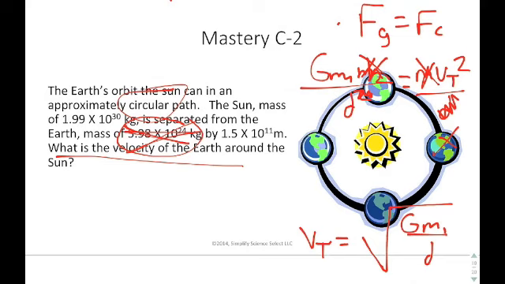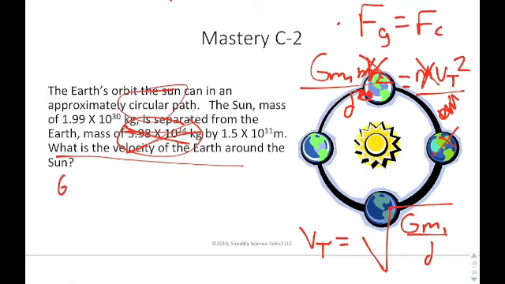This is how you can calculate what's called the escape velocity for different planets as well: how much velocity you have to have to leave the gravitational pull of Earth. Think of it like a space shuttle. So we're talking about rocket science here. But you can also use it to calculate the velocity, in this case, of the Earth moving around the Sun.